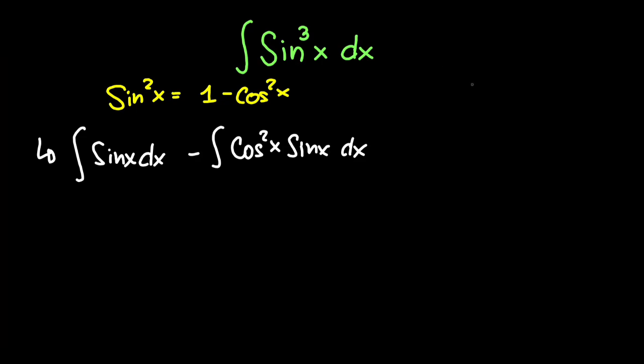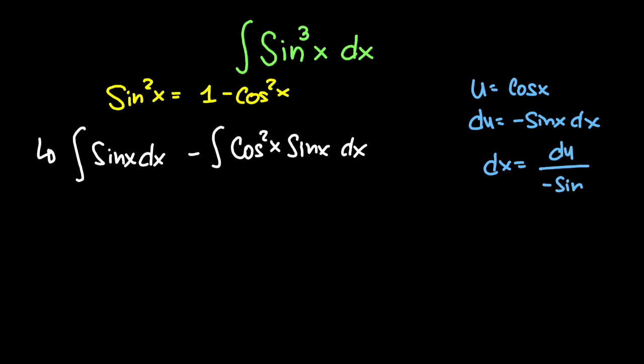And so, let u here be cosine of x, and taking its derivative, it would be negative sine x dx. And so, taking dx by itself, you would have the value of du over negative sine of x.